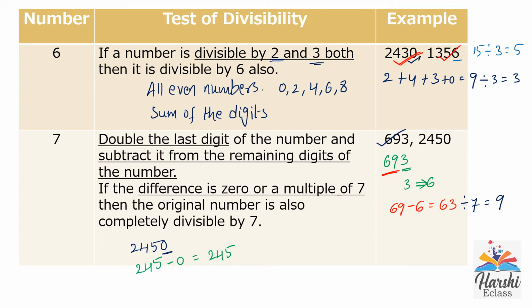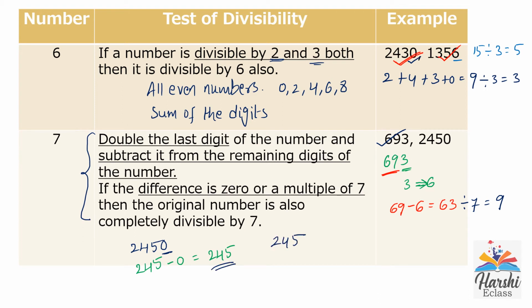It is a bit tricky to find the divisibility of greater numbers by using this test. Then what will we do? We will repeat the process. Now we got 245. Again, you can repeat the entire process with 245.